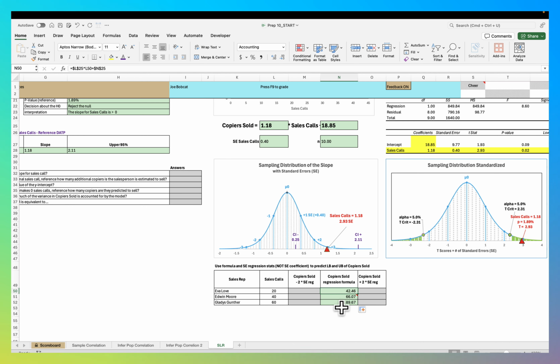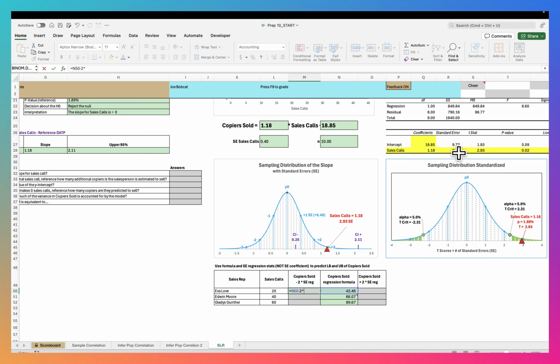But it's not going to be an exact prediction, so there's going to be a range. And we can get at the range by clicking here on the predicted value minus 2, there's that famous number 2, times, this says SEREG, which stands for standard error regression. In fact, up here it says use the standard error from the regression stats, not the standard error of the coefficient.